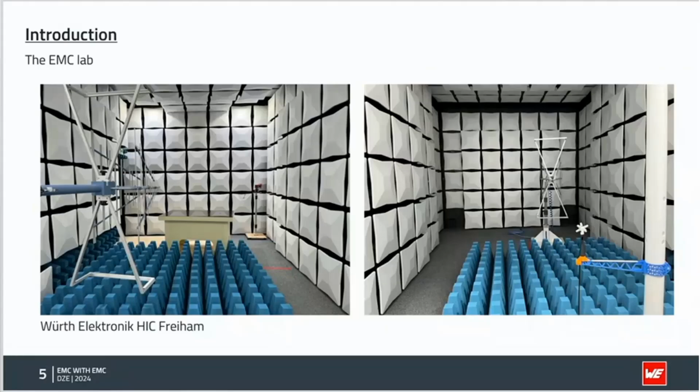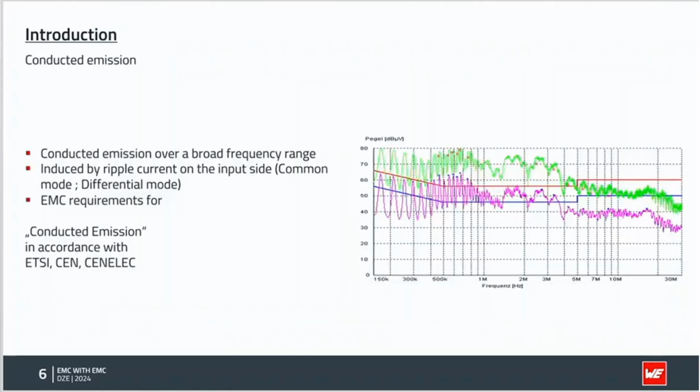And those absorbers have the main reason for them is to not reflect the signals, because you only want to see the original signal and not all of the reflections that may occur. Yes, in this case, it's a picture from Wurth Electronic High Innovation Center in Freiham. Freiham is near Munich. Yeah, superb.